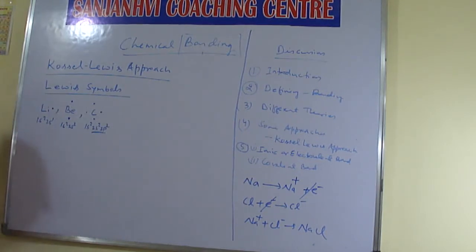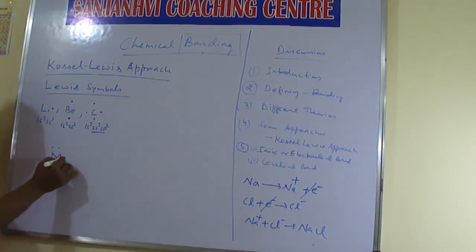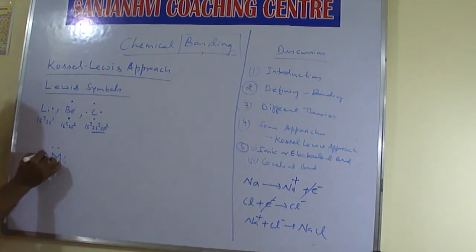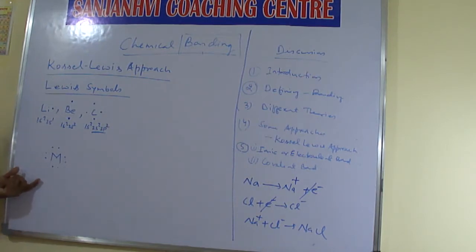Suppose there is some element M. The maximum number of electrons it can have in its outermost shell is 8, either 8 or 2. If it wants to gain the helium configuration, then it should have 2.